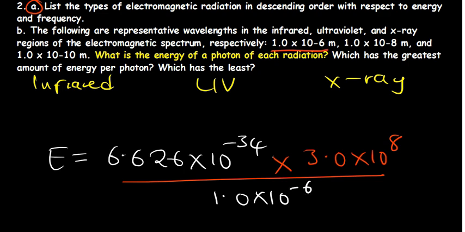So grab your calculator. So 6.626 times 10 to the power negative 34, and then multiply by 3 times 10 to the power 8.